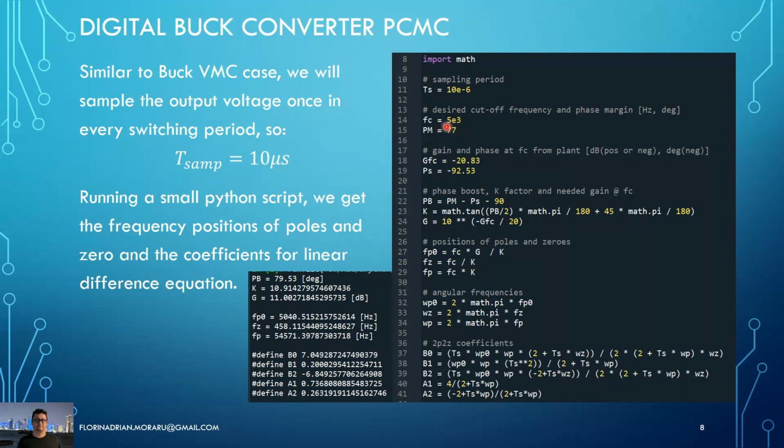That's the reason why in the analog domain we will target 77 degrees, and then we expect in the digital domain to get something around 50 degrees in the end.